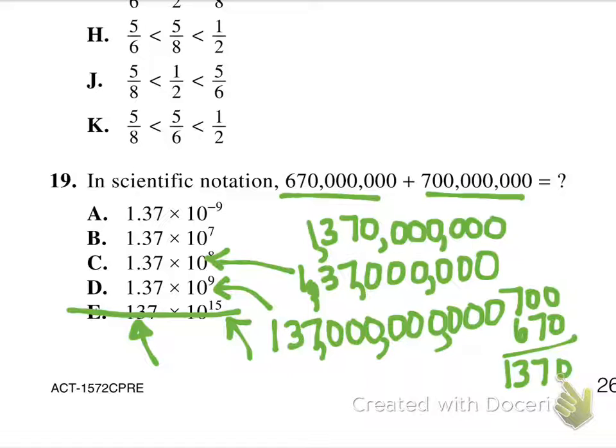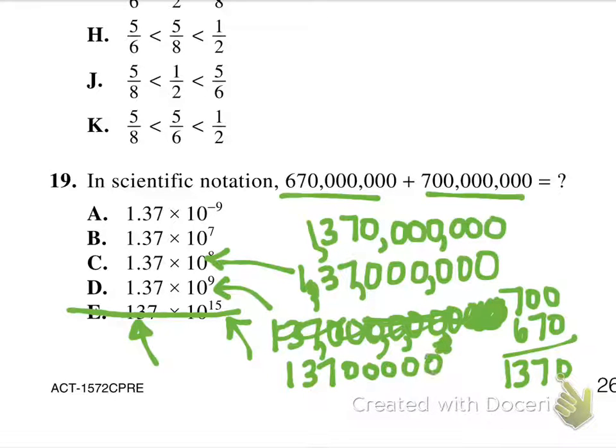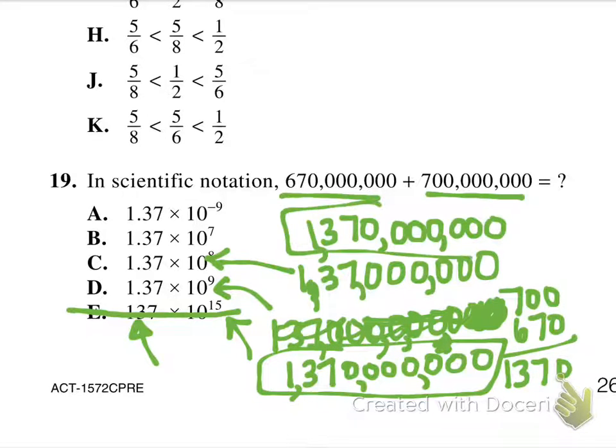And what did I do wrong? 3, 6, 9. Oh, I only needed 7 zeros. I'm sorry. I only needed 7 zeros there. So we'll put a comma here. Let me just rewrite that for you. I apologize. 137. I need 7 zeros. There we go. Now we got it. I was wondering why that answer didn't come out like it was supposed to. Those two were supposed to match.